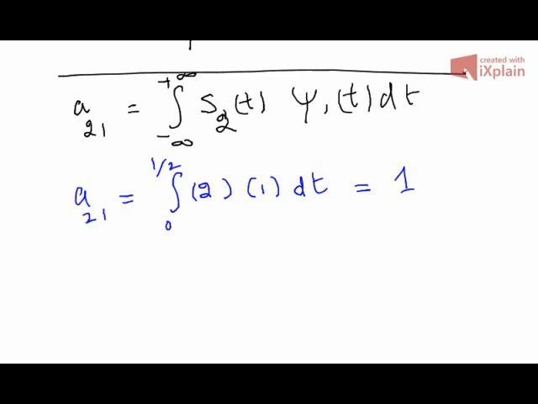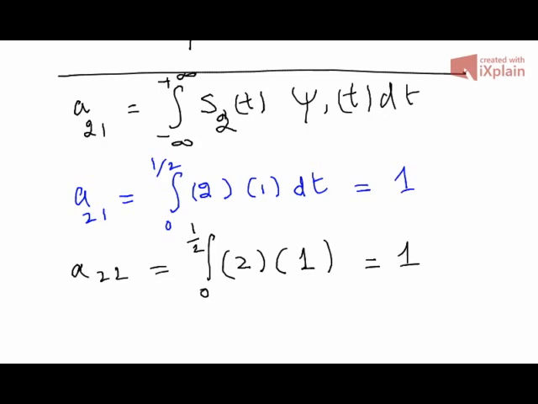If you solve it for a22, we'll solve this integral directly from 0 to half. Signal S2 of t is 2 from 0 to half, and psi2 of t is unity from 0 to half. So a21 and a22 are unity.